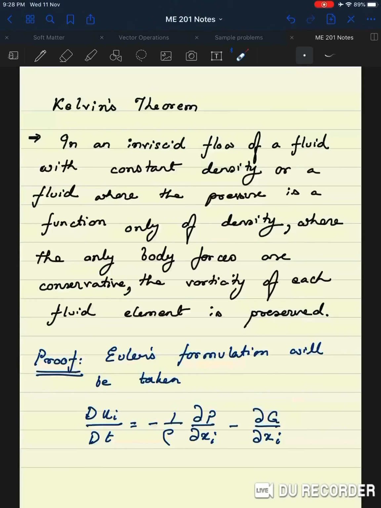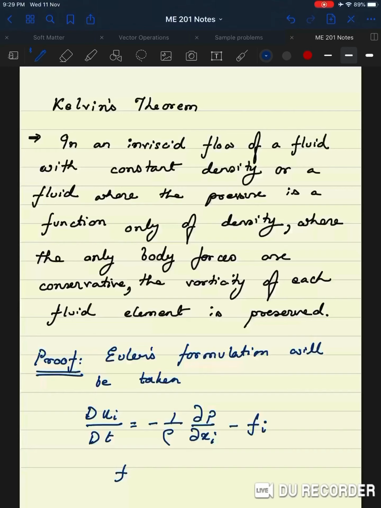And why is this of this particular form? Well, we have already said that we are going to assume a conservative force, right? So, let me just replace it with minus Fi at the moment. So this is my body force, and then what we are saying is that it's a conservative body force.